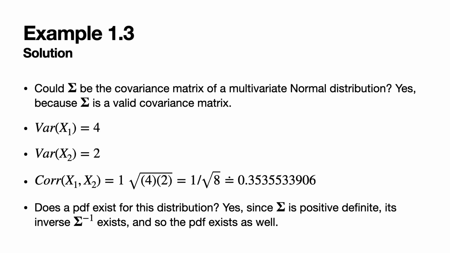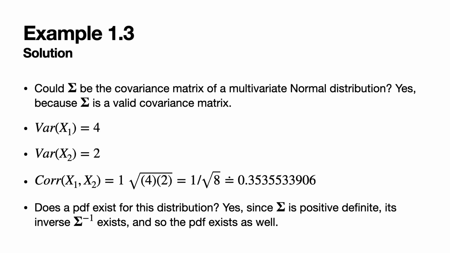And so in that case, the variance of x1, the first random variable in the vector, would be 4. The variance of x2 would be 2. The correlation of x1 and x2, you'll recall, is the covariance of x1 and x2 divided by the square root of the product of its variances.